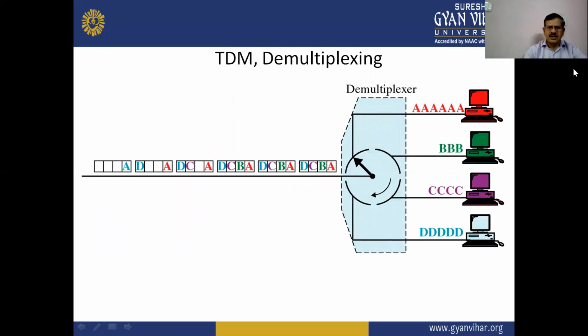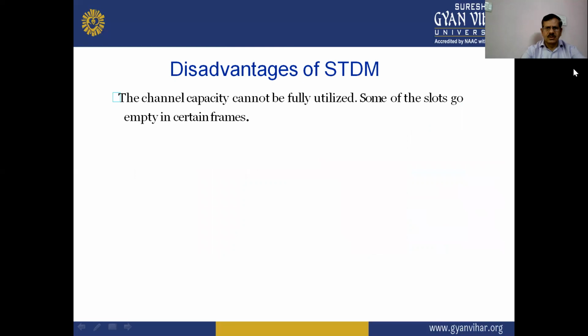And again, in the TDM demultiplexing process, these time slots are converted back into the different input signals, or baseband signals, or original signal with the help of the demultiplexing process. So this is the process of TDM and demultiplexing.